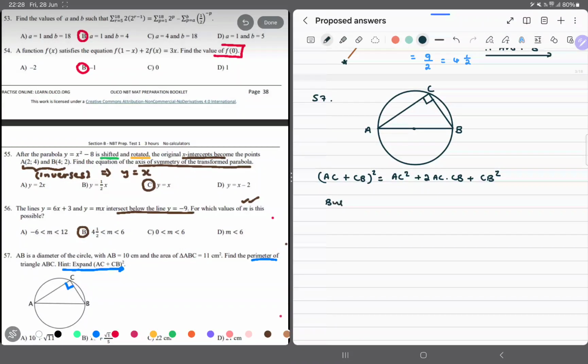We know that in this triangle, Pythagoras tells us that AB squared is equal to AC squared plus CB squared. So this is Pythagoras.